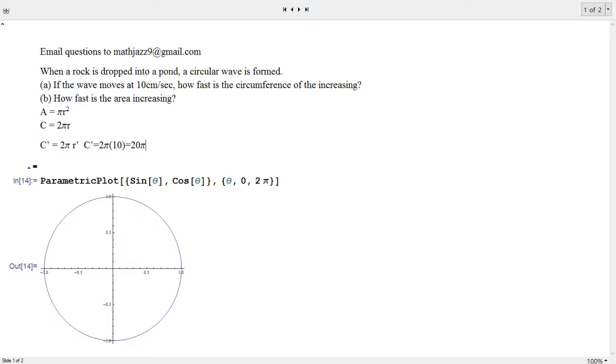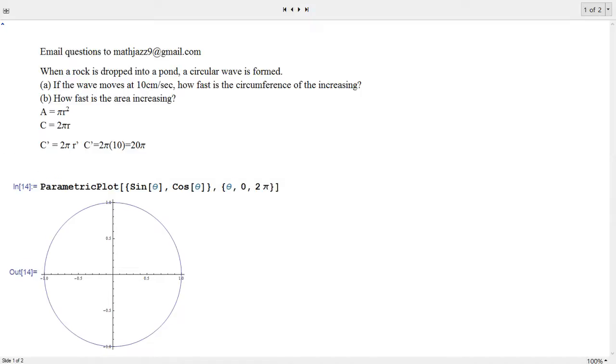It's a very simple related rates problem. For part B, we do the same thing, but with the area equation. The derivative of area is equal to 2 pi times the radius times the derivative of the radius. We have to use the chain rule. With this, we actually can't tell how fast the area is increasing without also knowing the radius, because the rate that the area is increasing depends on the current radius.